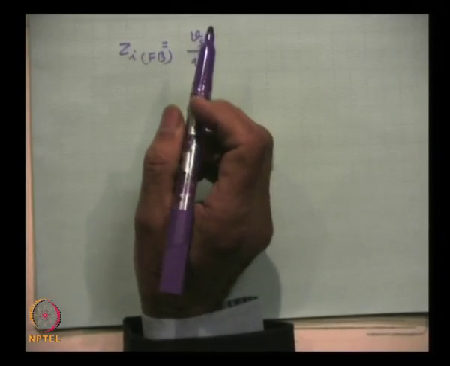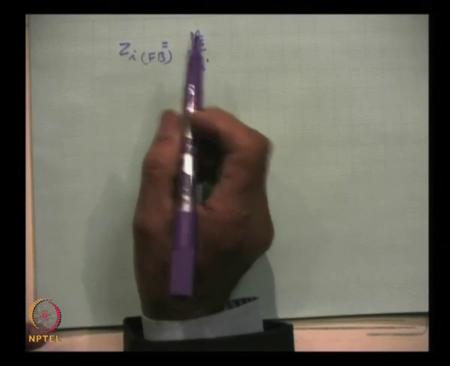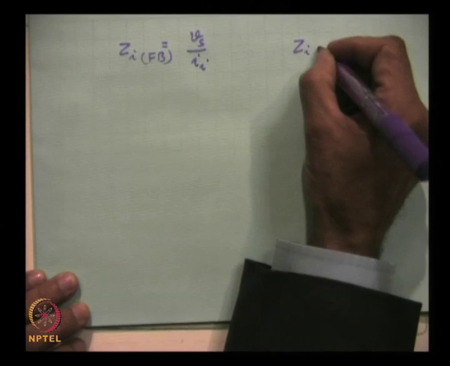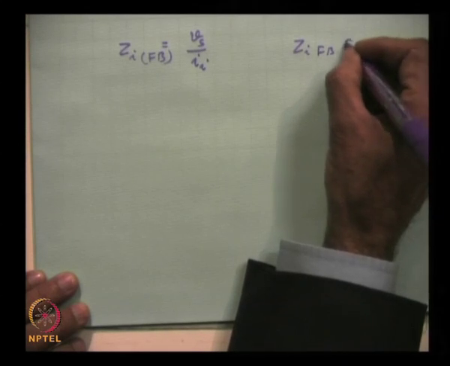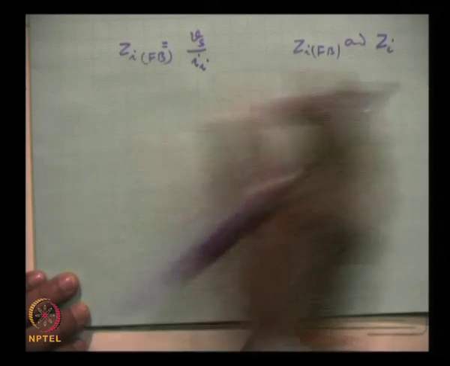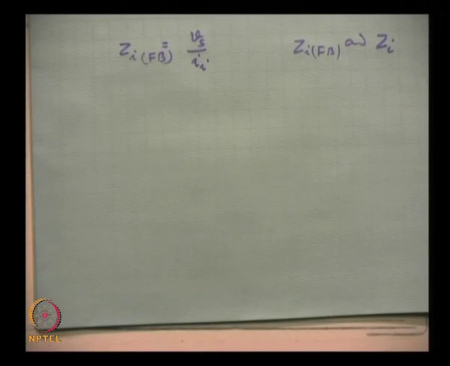Our objective here is to show what is the relationship in this circuit, voltage series negative feedback, between Z I F B and Z I.